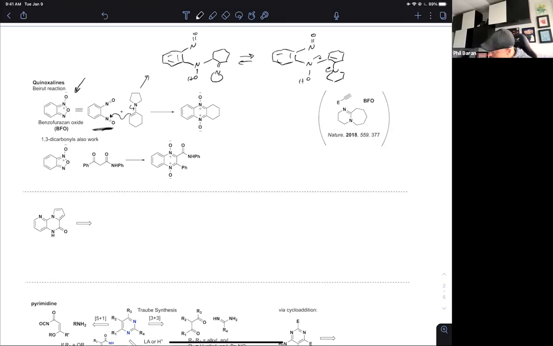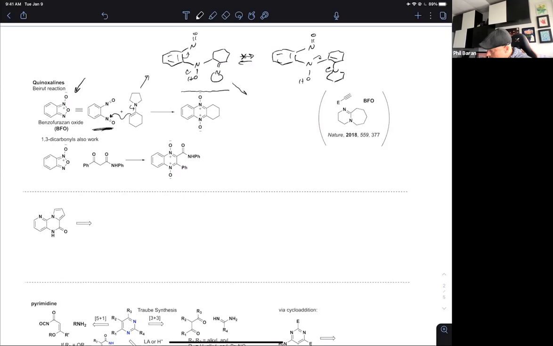Yeah. The other problem is enamines generally don't like to go into substitution this way. So probably the equilibrium for this is going to be kind of slow, and it will probably mostly reside on that one. So we need to do something else. And that something else is probably this nitrogen kicking in here, that going there. And you can imagine then subsequent closure.